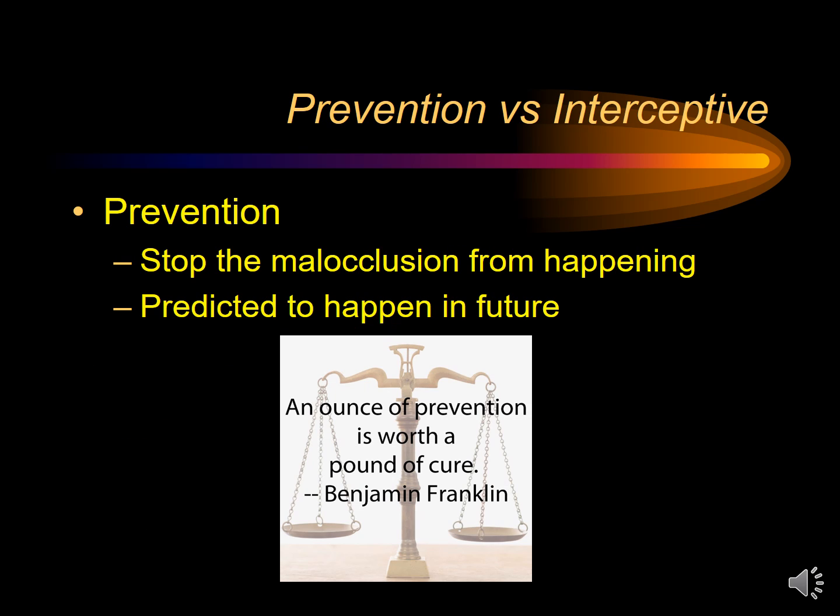Okay, a word about prevention versus interceptive. Prevention means it's to stop the malocclusion from happening in the first instance, and it means that it's predicted or expected that a malocclusion will develop in the future, and the steps taken to prevent this happening.